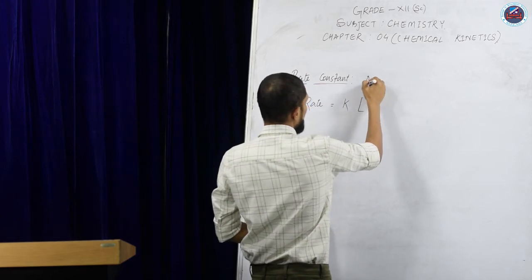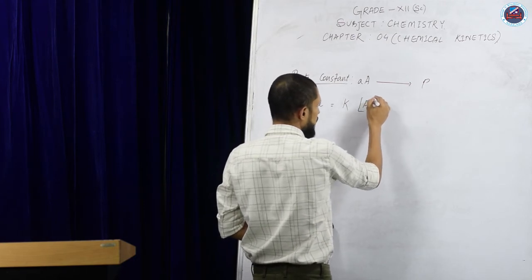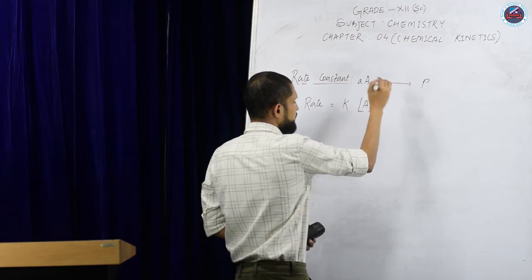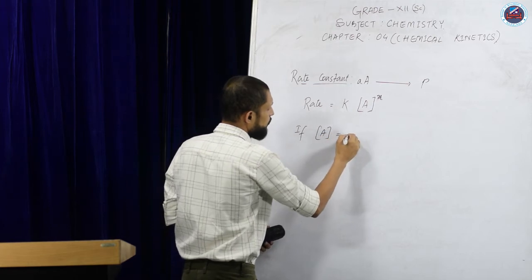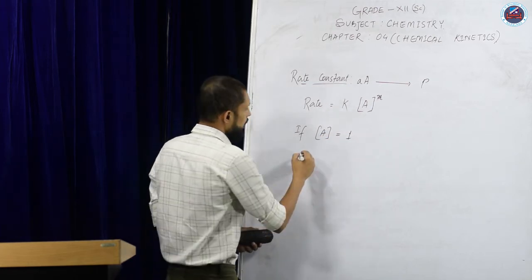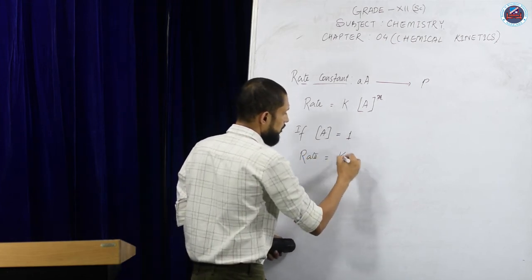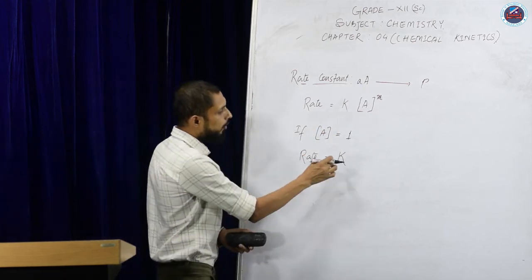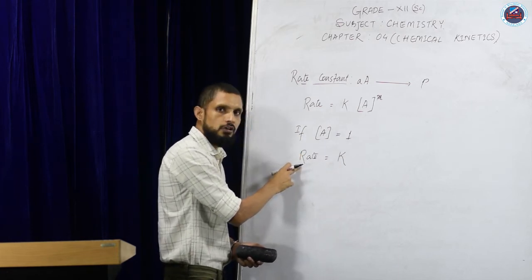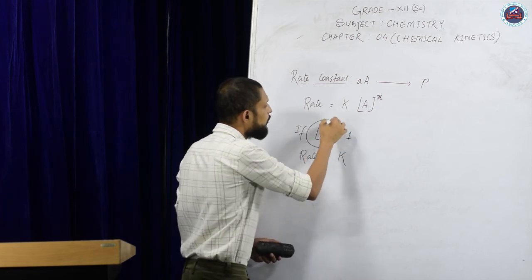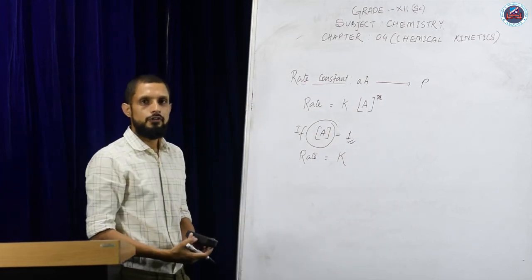So let us take this reaction. aA gives product B. So you have only one reactant here, that is capital letter A to the power x. Now, if concentration of reactant is 1, that is unity, then the rate of the reaction is equal to rate constant. So rate constant is defined as the rate of reaction when the concentration of the reactant is unity. This is how we define rate constant.